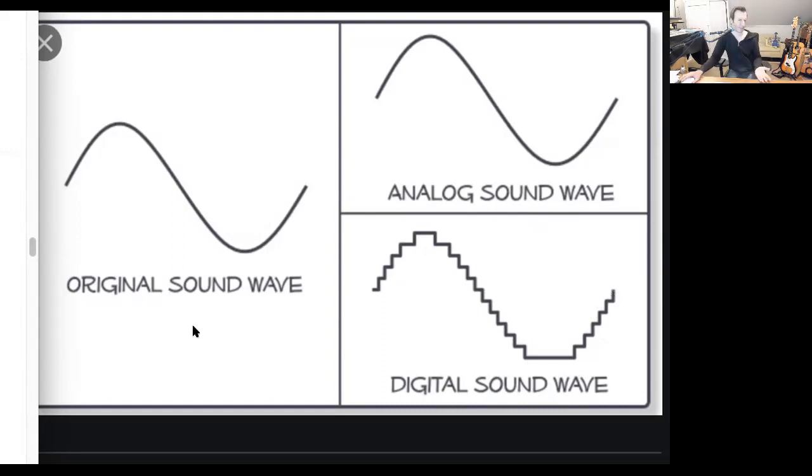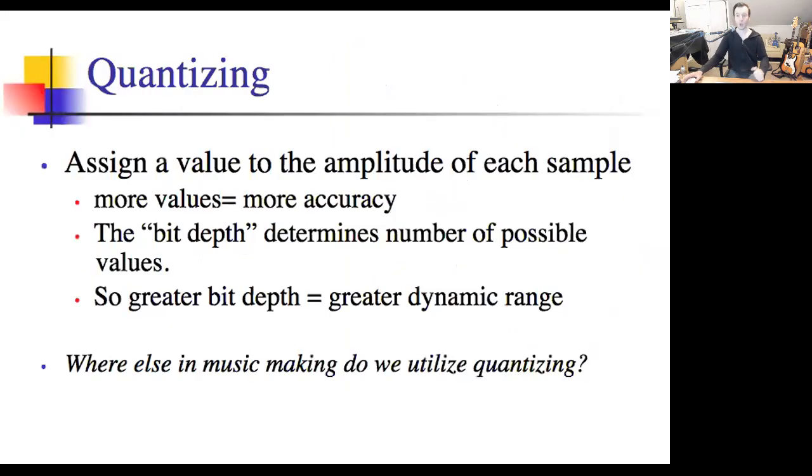Well, that's still not that much. And that won't approximate a complex waveform in its changes and all the little variations which would relate to higher frequency. So we have quantizing, and the quantizing is an assigned value to the amplitude of each of those samples.